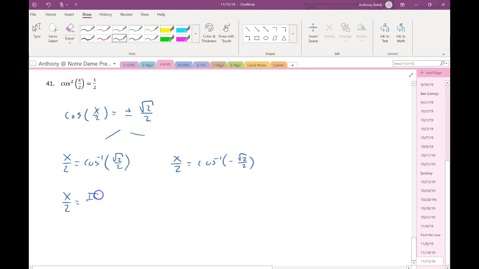That happens at 2 places, pi over 4 and 7 pi over 4. And where it gives me negative, that happens at 3 pi over 4 and 5 pi over 4.